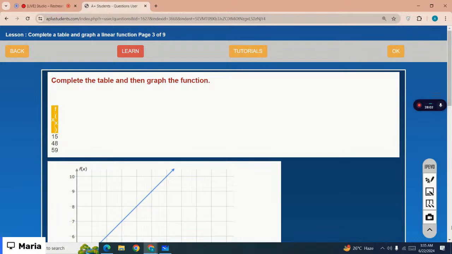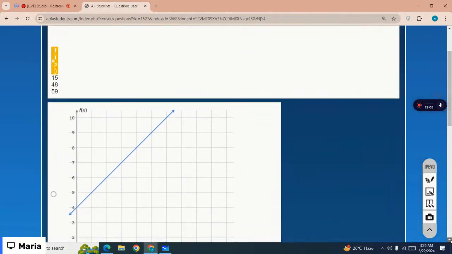Complete the table and then graph the function. So which is the correct option?